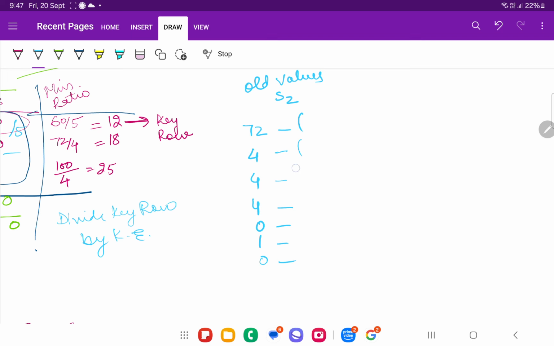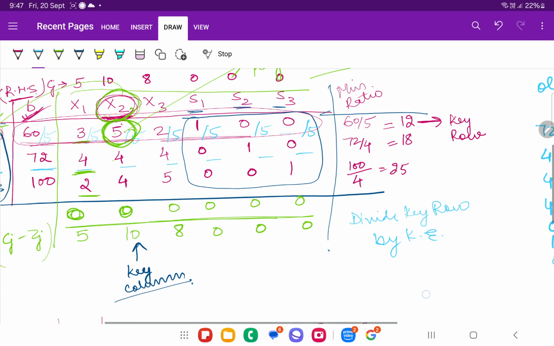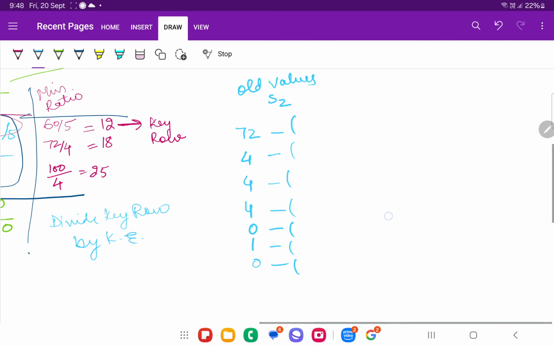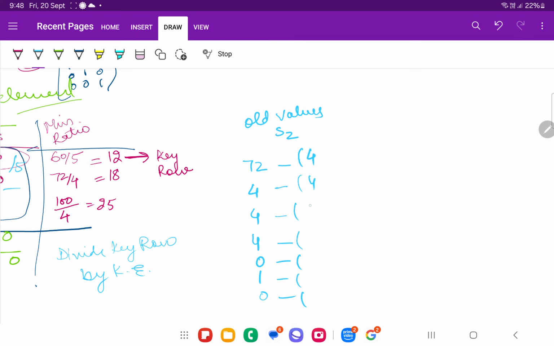Then I'll open a bracket. Now the next thing which we have to do, since we are calculating the values of S2, this is the key element. The corresponding element in S2 is 4. So I'll write here 4.